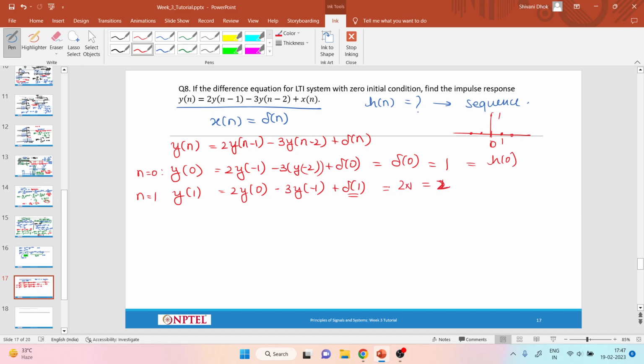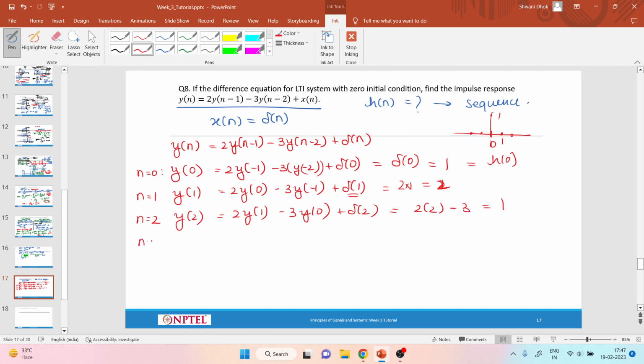Now if I have n equal to 2, my y of 2 is equal to 2 times y of 1 minus 3 times y of 0 plus delta of 2, which comes out to be 2 into 2 minus 3, which is equal to 1.